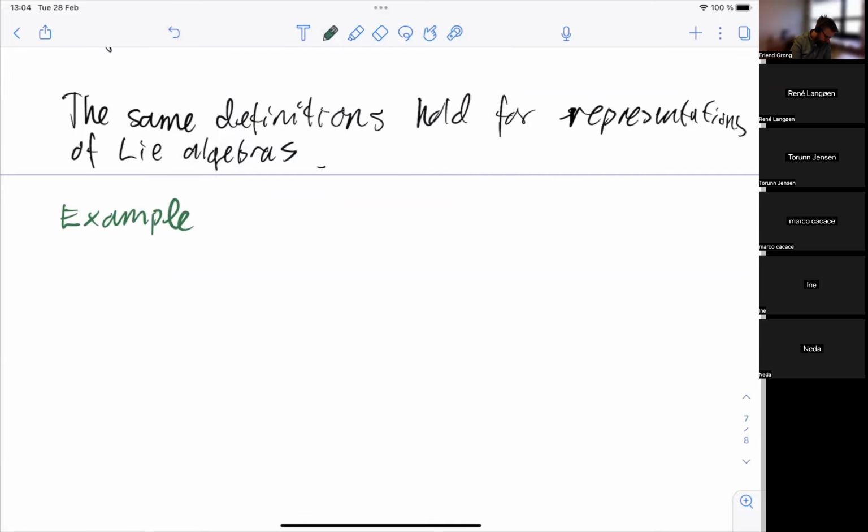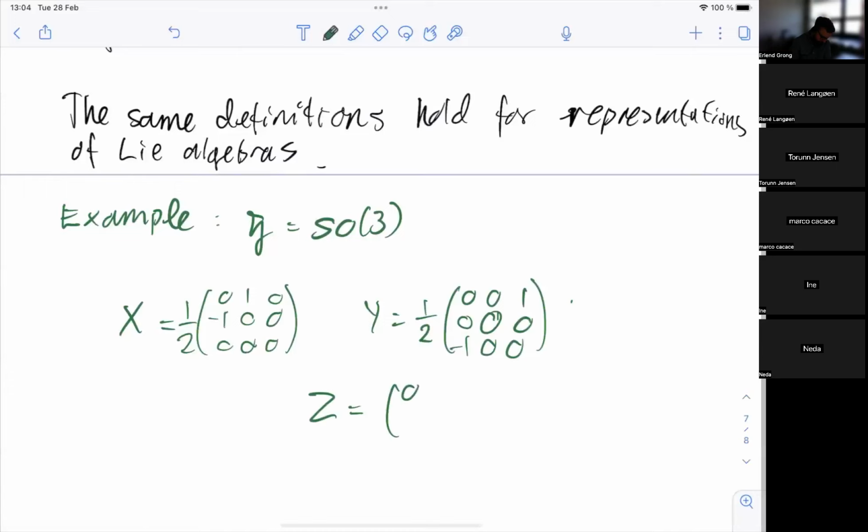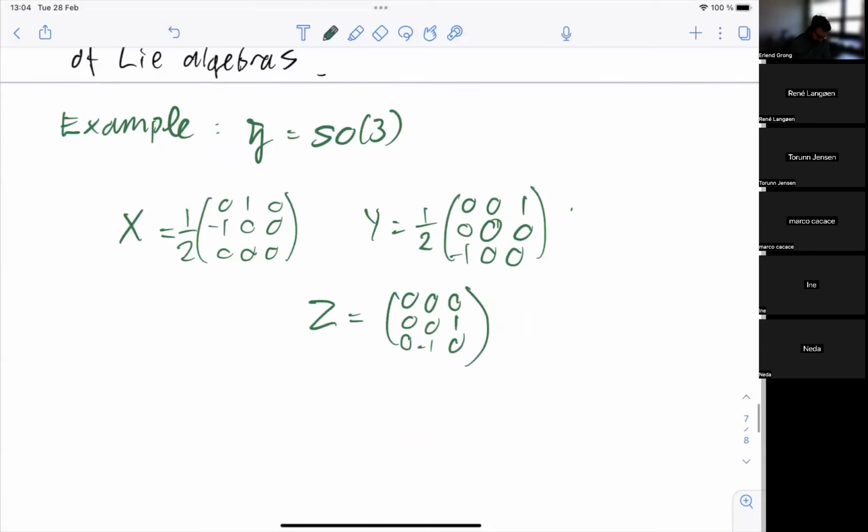So we can consider G as SO(3). This has a basis that looks like x, y, z, with matrices of 0s, 1s and minus 1s. Did I want to keep these names or switch y and z?